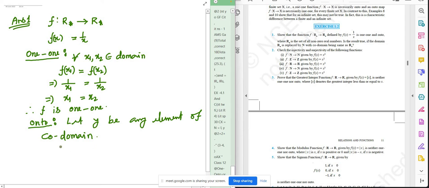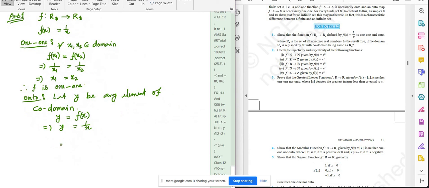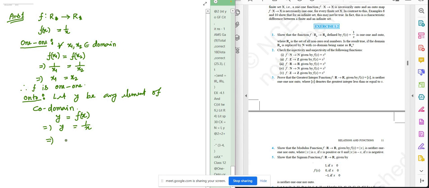Let y be any element of the codomain. That means y equals f(x), so y equals 1 by x. Now solve for the value of x. x equals 1 by y. Since y is a non-zero real number, 1 by y will always be a non-zero real number. So this belongs to the domain.